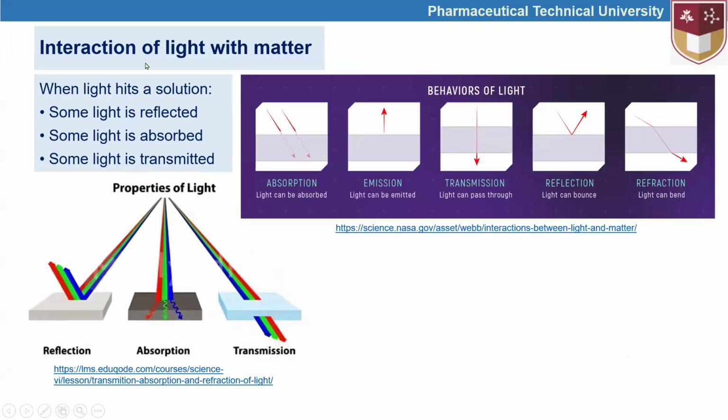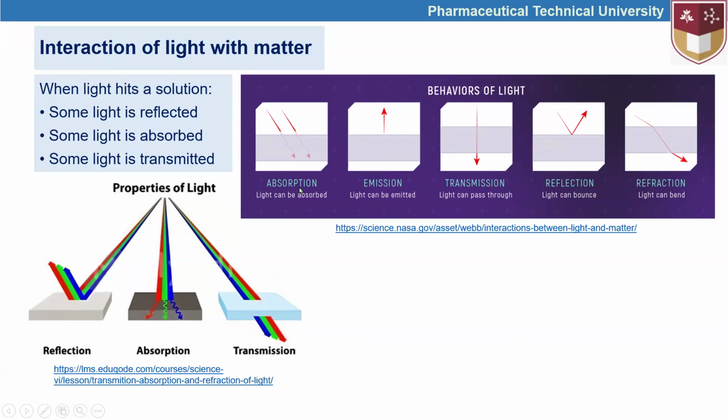And this is about the interaction of light with matter. In general, we can expect that the interaction of the light with the matter can include the reflection, absorption, and transmission.